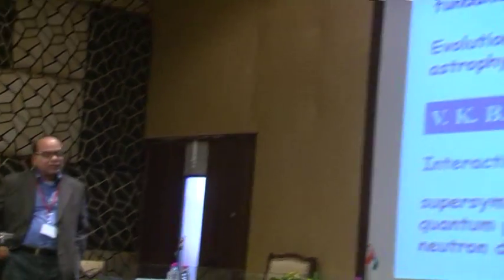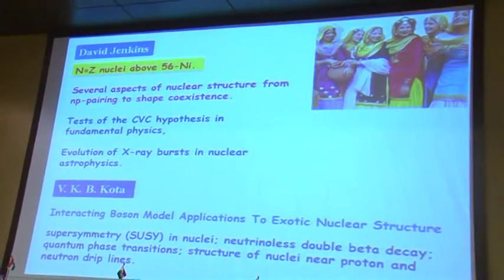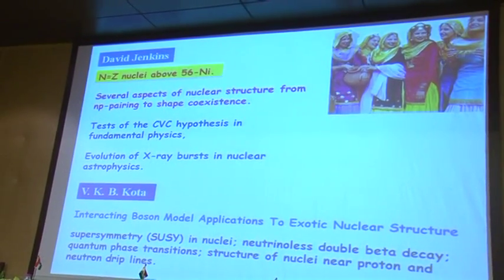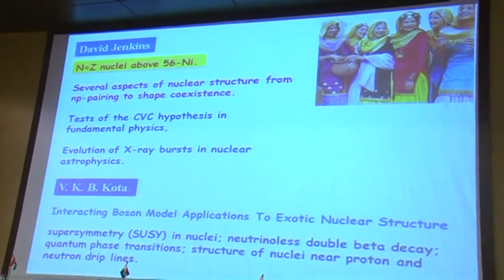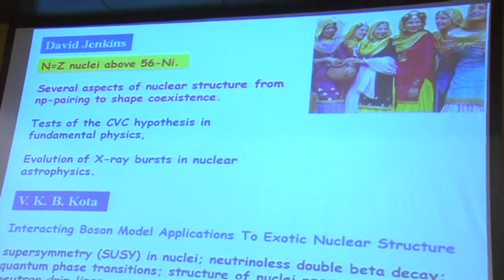So David shows that nuclei with N equal to Z above 56 nickel have several aspects which are very important for nuclear structure. For instance, NP pairing, starting from NP pairing to shape coexistence.